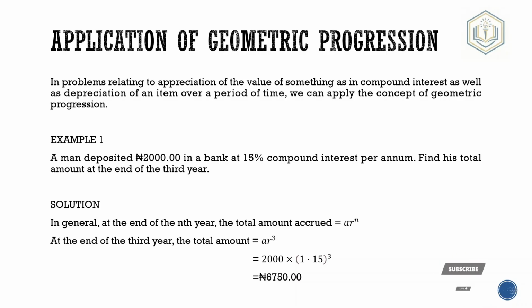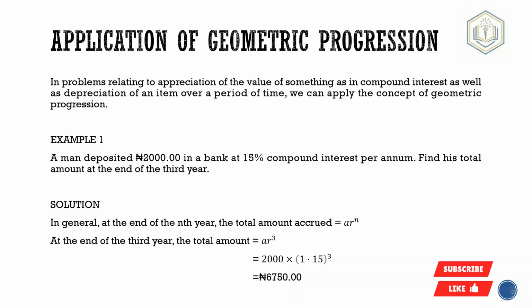Okay, let's consider examples. Example 1: A man deposited 2,000 in a bank at 15% compound interest per annum. Find his total amount at the end of the 3rd year.